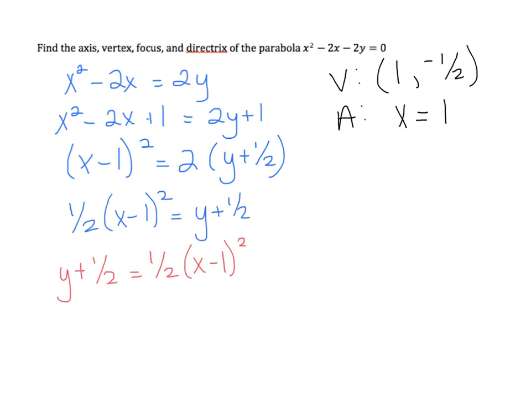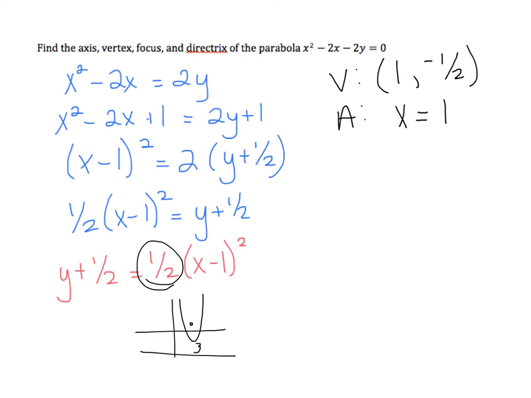For the focus, we need to use this A value to figure out what our C value is. And remember, the A value is here, and the C value is that distance, right? So if this is my parabola, you're going to have a focus and a directrix, and this is the distance.